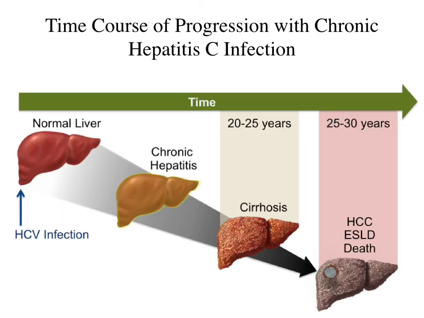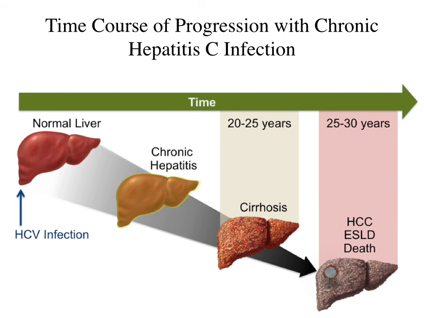The natural history of chronic hepatitis C infection has not been fully delineated, primarily because most persons are not identified at the time they have acute hepatitis C infection, and most remain relatively asymptomatic for at least 15 years after becoming infected.